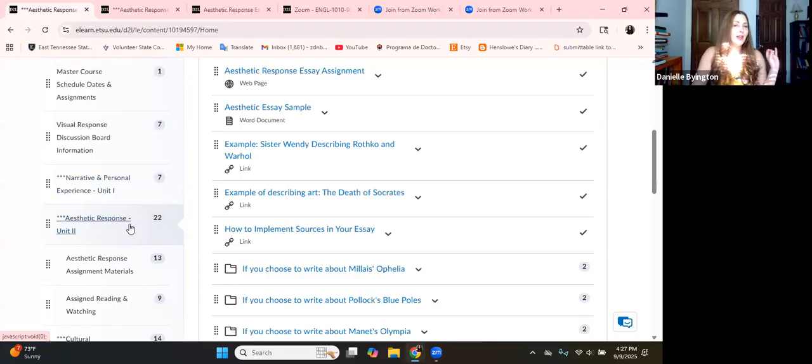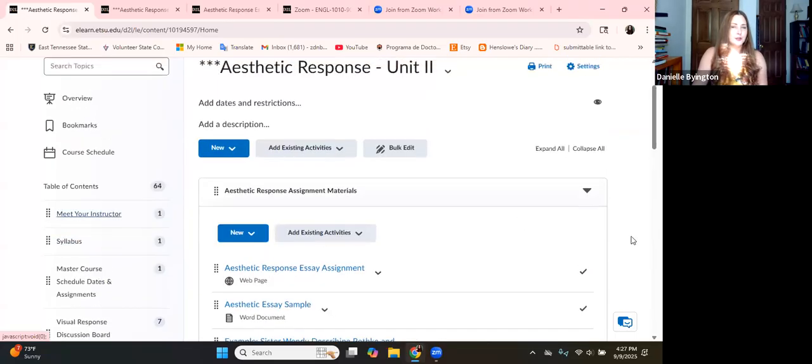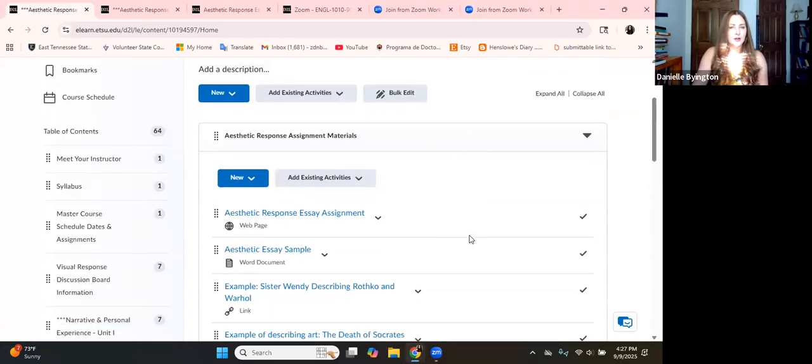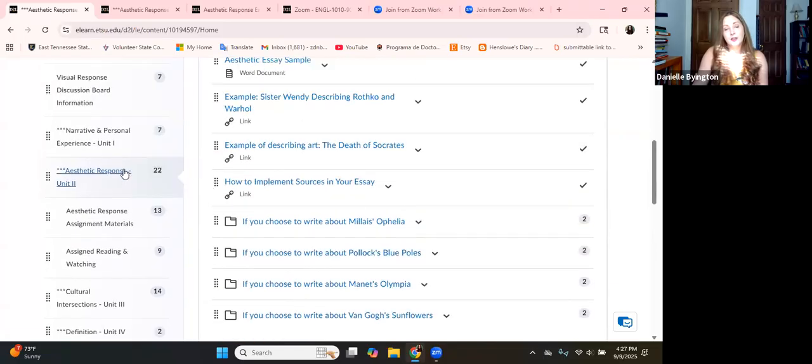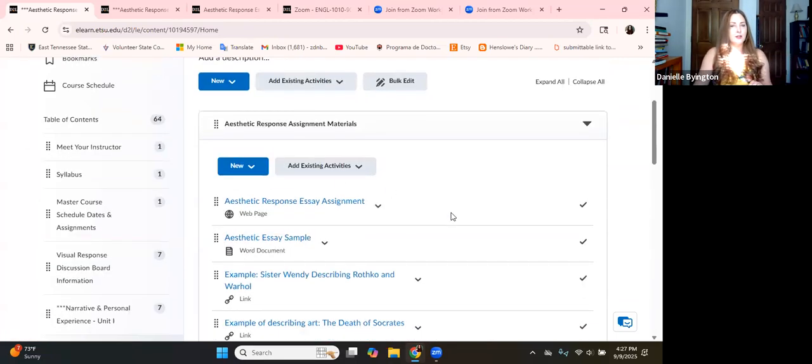Okay, so in the aesthetic response module, so when I am here, now just like before in the narrative unit, when we click on this, we have the two sub modules that pop up where all of our materials are. So we've got the assignment materials in the first one. That's what I have right here at the top.